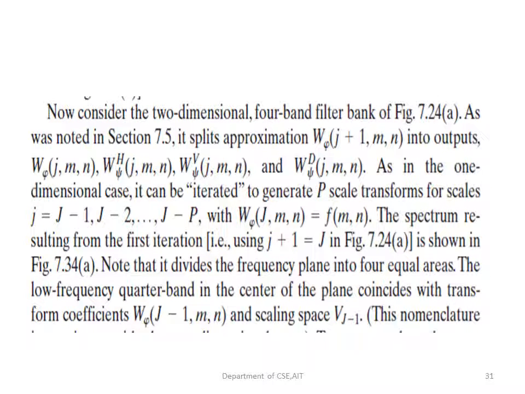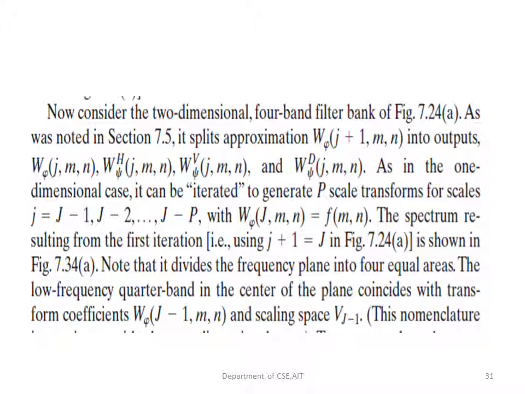Consider the 4-band analysis bank as in the figure we have seen previously. It splits the approximation W of phi of j plus 1, m, n into the outputs W of phi of j, m, n and the horizontal, vertical and diagonal details. Like in the one-dimensional case, it can be iterated to produce p-scale transforms for the scales from j minus 1 to j minus p, with W of phi equal to f of m, n.